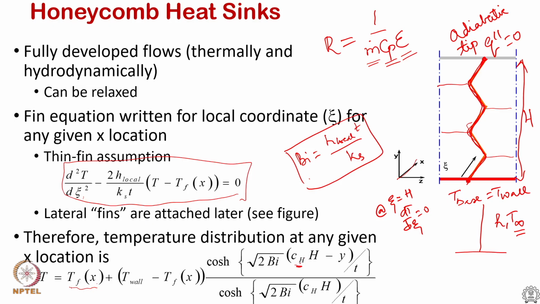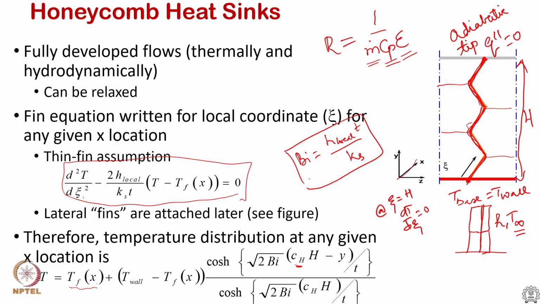The Ch is a factor that tells us how much the corrugation increases the length. If Ch is equal to 1, then it is a straight fin assumption. Like in a rectangular duct, if I had a rectangular array of ducts like this, then my Ch is going to be 1. So, we rewrite in terms of y coordinate and you get this expression.